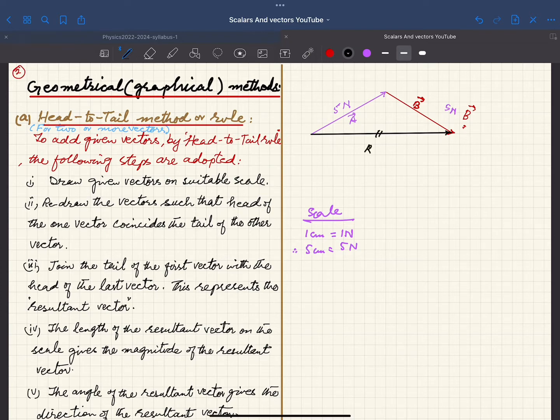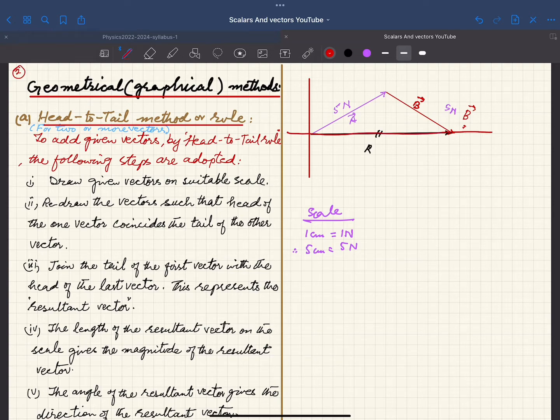What you will do now? Simply, you will measure the length of this R, and according to the scale you will finalize the magnitude of the resultant vector, and of course the direction will also be mentioned here. Suppose this is your x-axis and y-axis.